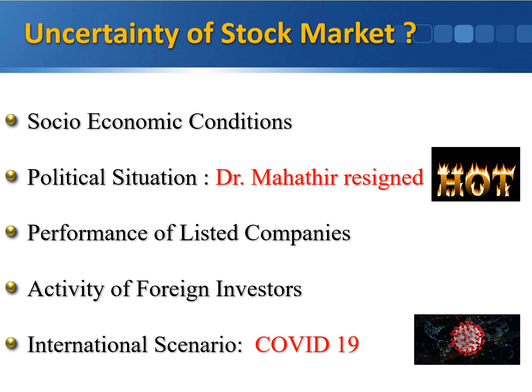The uncertainty of the stock market depends on a few factors. These are the basics: socio-economic conditions, political situation, such as Dr. Mahathir resigning, the performance of public listed companies, and the activity of foreign investors. In Malaysia you have Intel, and if there are issues in Intel in Silicon Valley, that might affect activities in the Malaysian context, as well as international scenarios such as COVID-19.